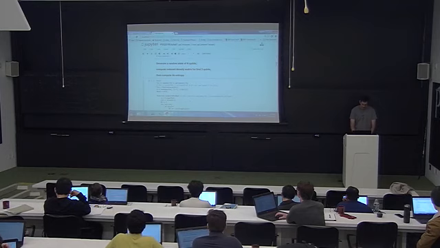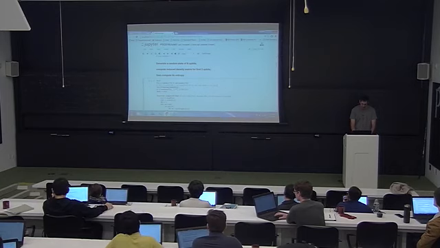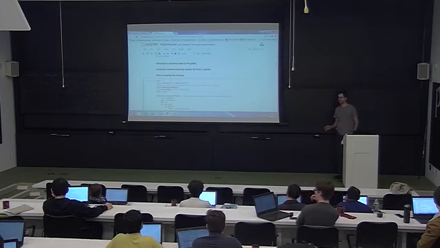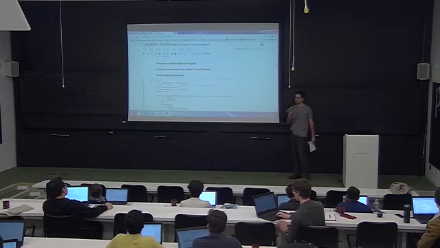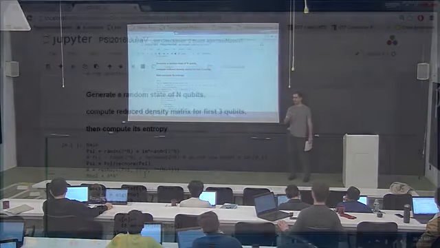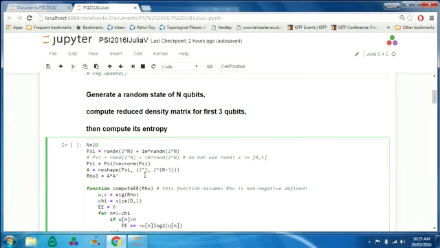That's this. We divide psi by its norm. And then we reshape it into a matrix A, which will be, in this case, for a partition where the first part is 3 qubits, and the second part is 17 qubits.